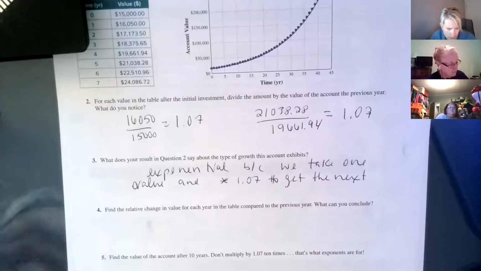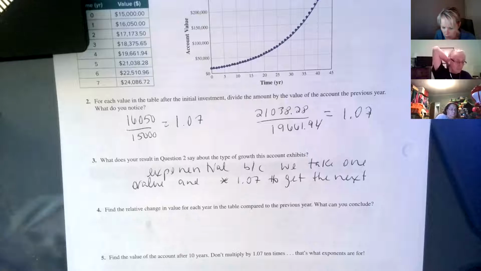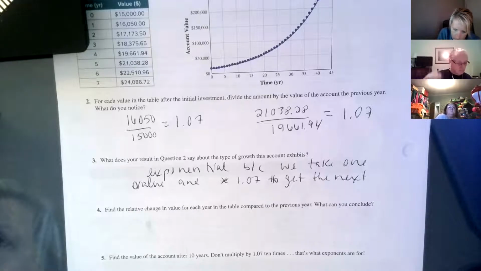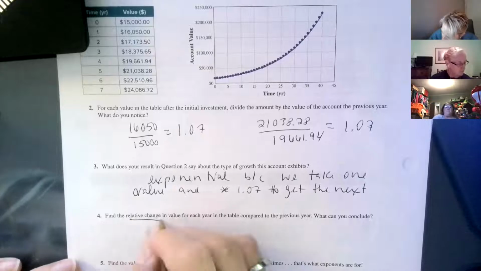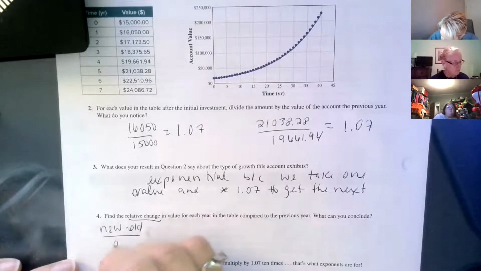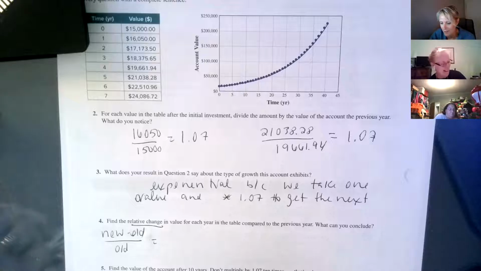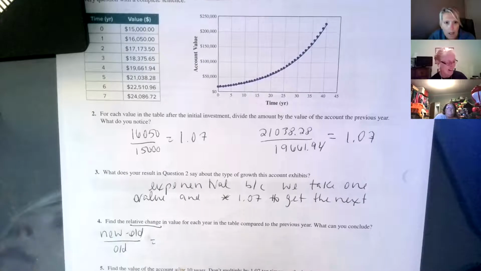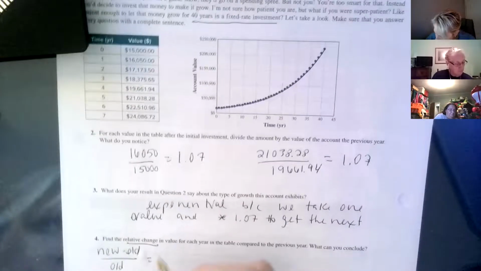And it says, find the relative change in value for each year in the table compared to the previous year. What can you conclude? So when we talk about relative change, we're talking about new minus old over old. I made sure I keep a little note of that for when we have our midterms. Yeah, remember we've been doing that since unit 1. And so we can do any number of these. They should come out to be about the same.